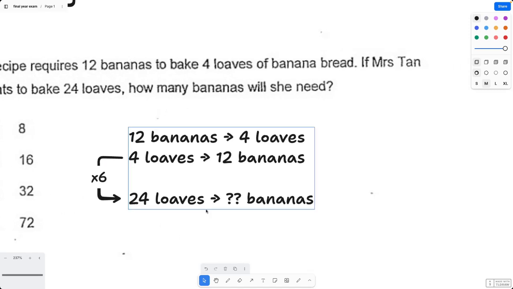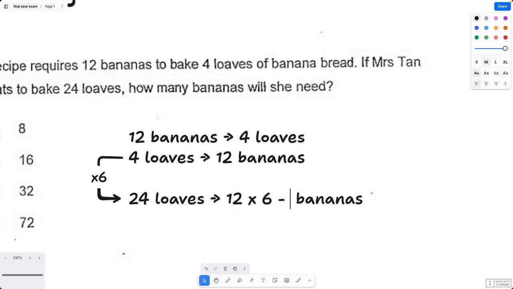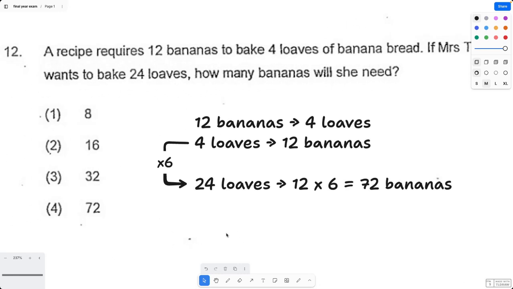So 4 times 6 equals 24. That means we just need to multiply 12 times 6, and this will give us 72 bananas. So you need 72 bananas to bake 24 loaves. That's the answer, which is option number 4.